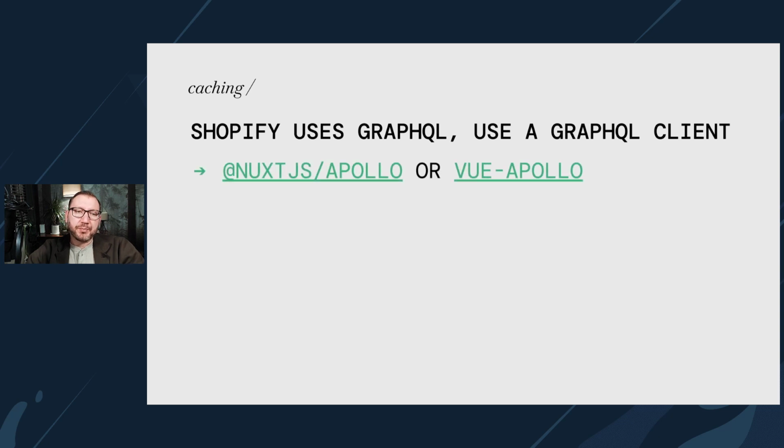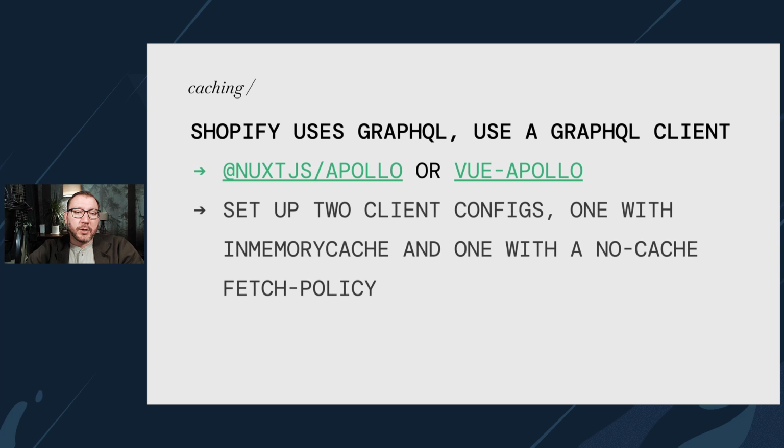We use Apollo, and both the Nuxt.js Apollo package and Vue Apollo are great tools. We used Nuxt.js Apollo for a real long time. Only recently, because of a couple of business reasons, we took Vue Apollo and created our own plugin around it. But both of these things with Apollo are just really great.